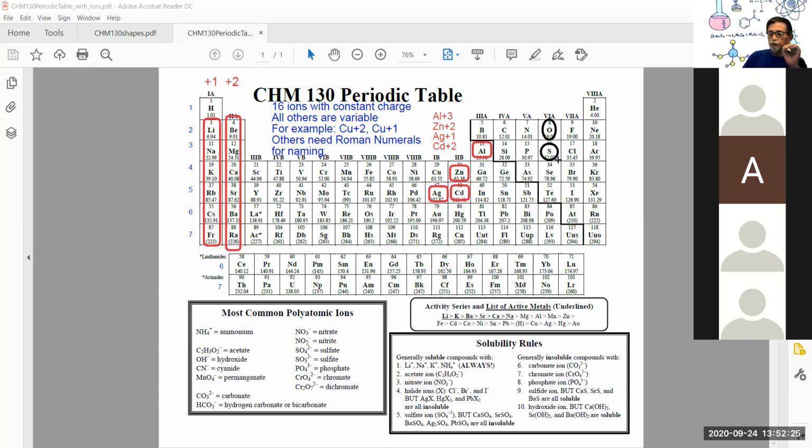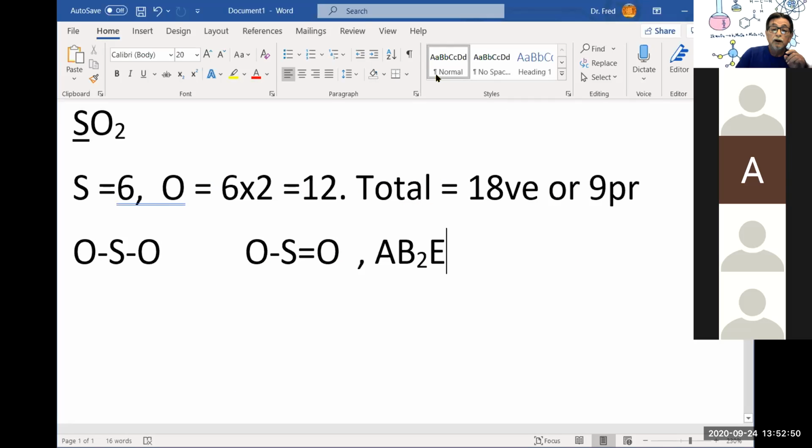So the closer you get to fluorine, the higher the electronegativity. Sulfur is in period 3, further away from fluorine. Oxygen is much closer, it's right next to fluorine. So oxygen is a lot more electronegative. What does that mean? That means for that particular bond, and let me draw it with a special arrow, the electrons are drawn from the sulfur to the oxygen, okay?